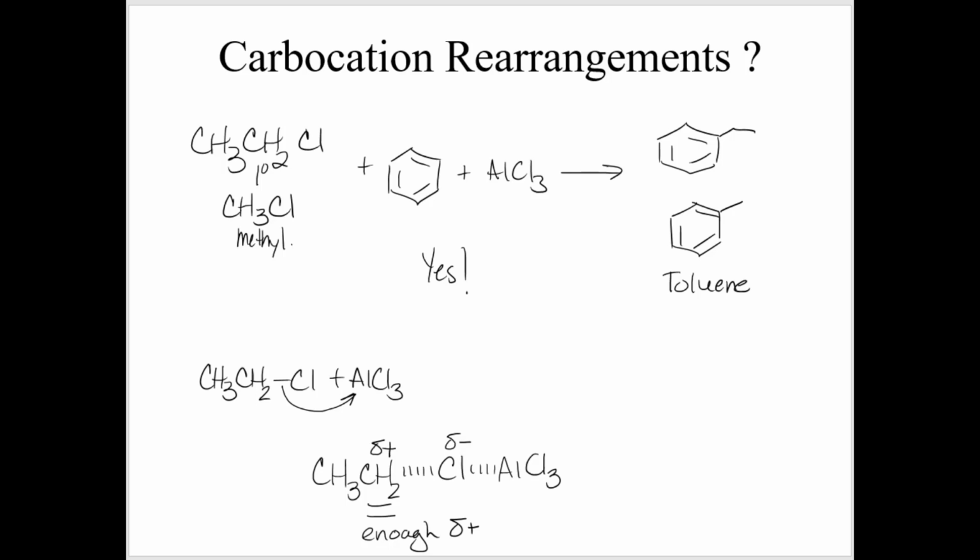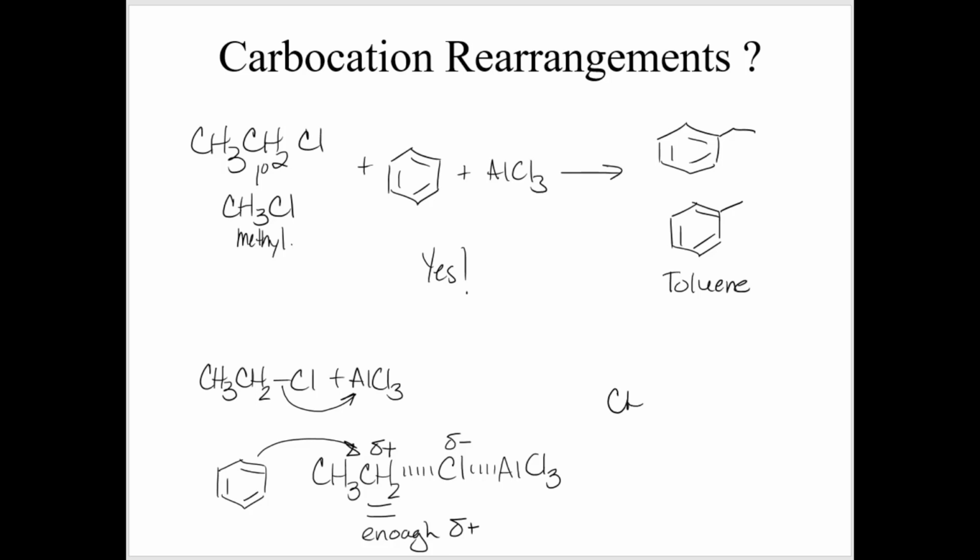So you'll get to a point where there's enough delta positive charge so that the benzene ring double bond will be able to add to that C+, which never really exists. It just exists as a very polarized C delta plus. So at some point as the chlorine bond stretches, you'll get enough delta positive charge to allow the double bond to add. And the same thing would be true for the methyl group.